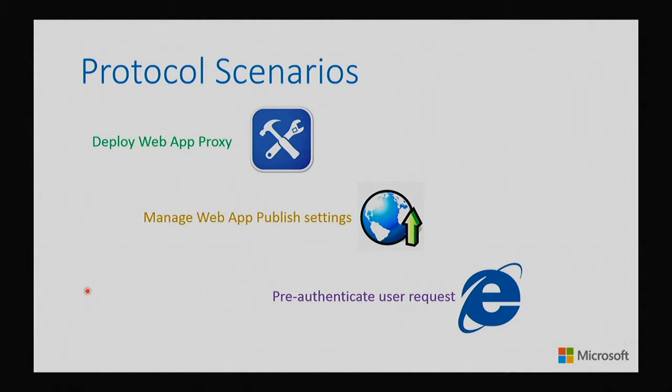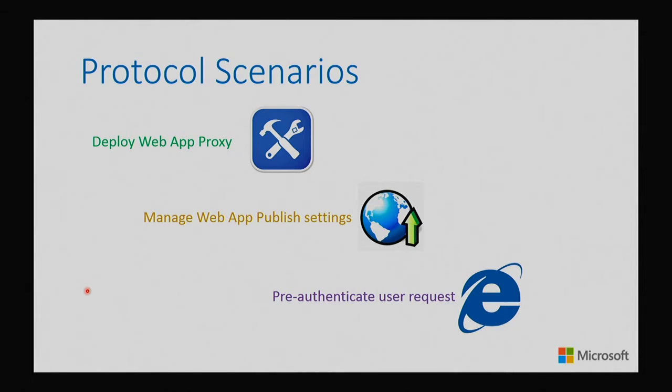The second scenario is how the web application is published. For this scenario, we will set some published information on the ADFS database, so that the proxy will know which applications can be accessed via the outside network.